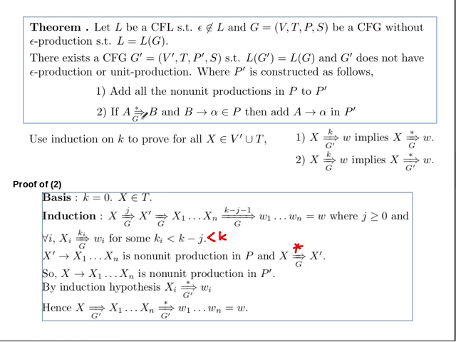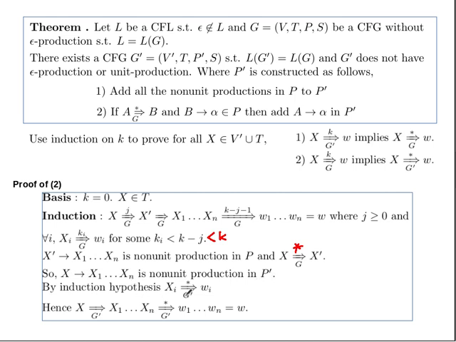So by this rule, if we have a star here going from A to B, and from B we go to alpha in G, then we have a direct production from A to alpha in P prime. So here instead of A we have X, and instead of this B we have this X prime, and instead of this alpha we have this combination. So that means this is a non-unit production in P prime. Okay.